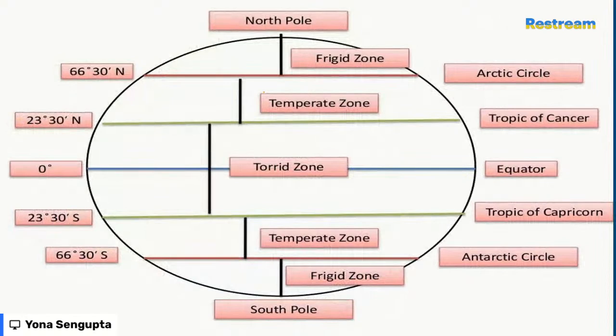About the North Pole and South Pole, we know that there are two hemispheres. The first one is the North Pole, the second one is the South Pole. In the middle, this line is known as the equator, and this part is known as the torrid zone.